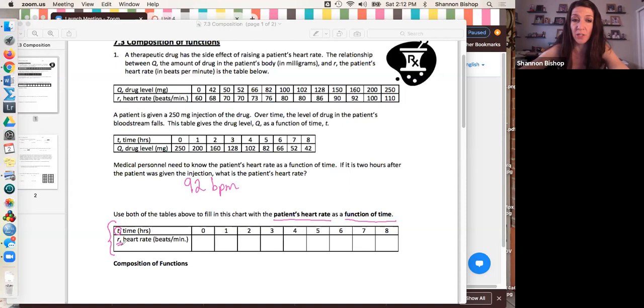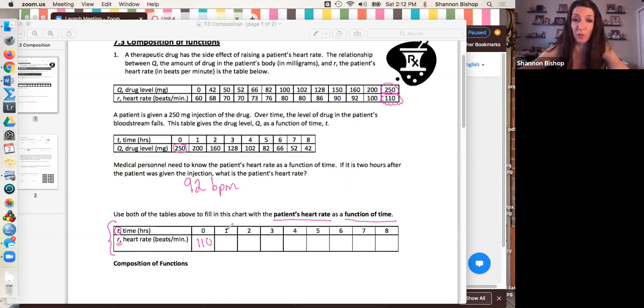So what will the patient's heart rate be after 0 hours? Well, after 0 hours, we know that they just got their injection. So they have 250 milligrams of drug in their body. And if they have 250 milligrams of drug in their body, then their heart rate should be 110. So their heart rate should be 110 beats per minute at the 0th hour.